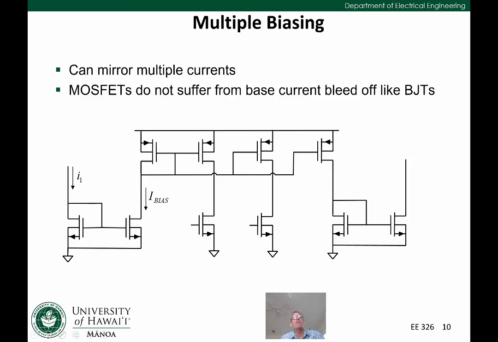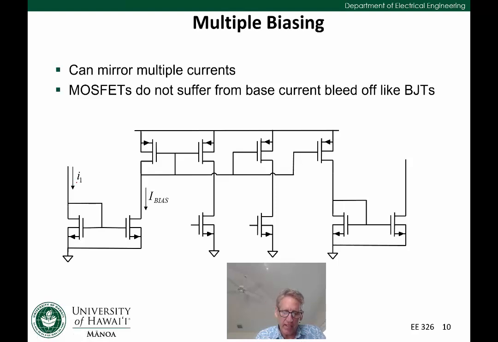In terms of how we might apply this current mirroring, one of the beautiful things about using MOSFETs is that you can do this current mirroring all over your chip. The reason is that there's very little gate current in MOSFETs, unlike BJTs, for example, that have a lot of base current. So we can mirror this.